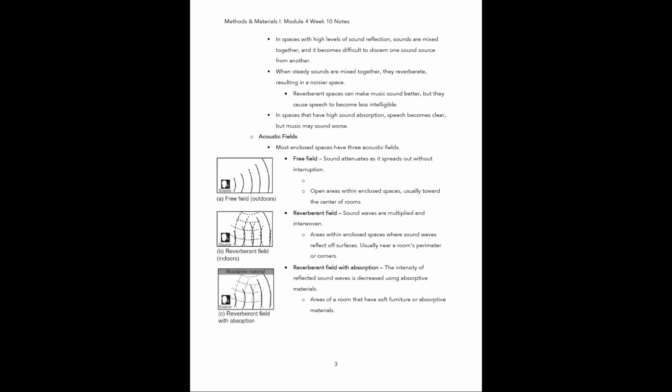When a sound wave goes out from the source, it wants to bounce around, and the reverberation is the amount of time that the sound stays active, that you're still hearing it after it's reflecting. Reverberant spaces can make music sound better, but they can also cause speech to become less intelligible.